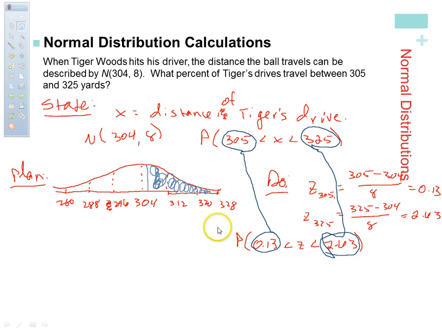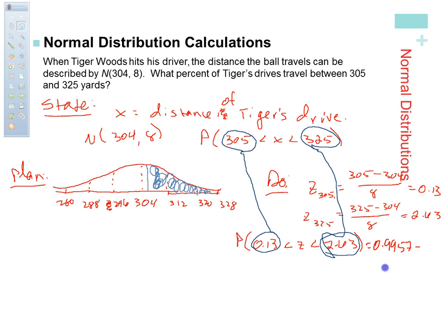So, to find this, I will take 0.9957 and subtract from it. Now I've got to go find 0.13, and I won't bring this back up. I'll let you follow along, but 0.13 should get you a value of 0.5517.